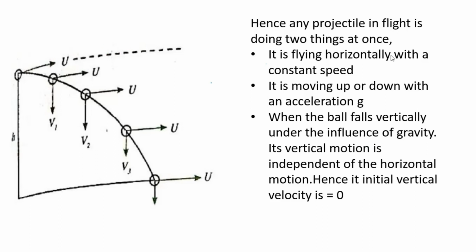Hence, any projectile in flight is doing two things at once. It is flying horizontally with constant speed, and it is moving up and down under the influence of acceleration.